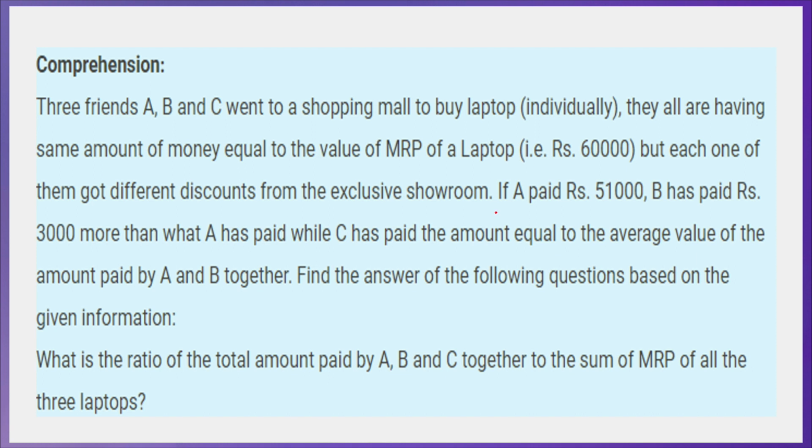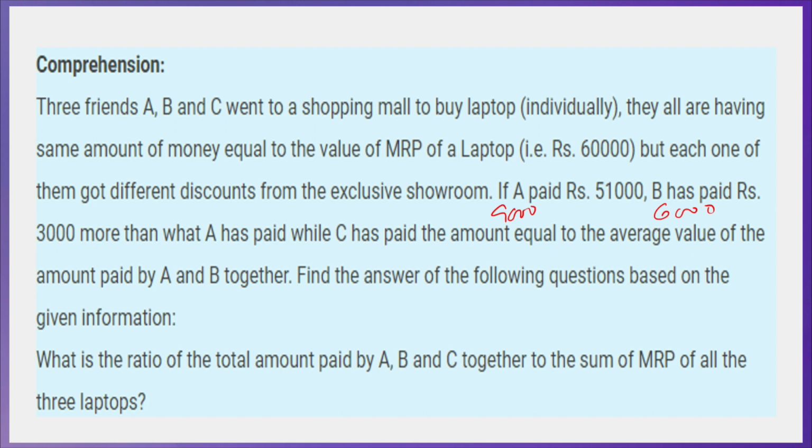So, A has got a 9,000 discount, B has got a 6,000 discount, correct. Then C paid the amount equal to the average value of the amount paid by A and B together, correct. Then find the answer to the following question based on the given information.